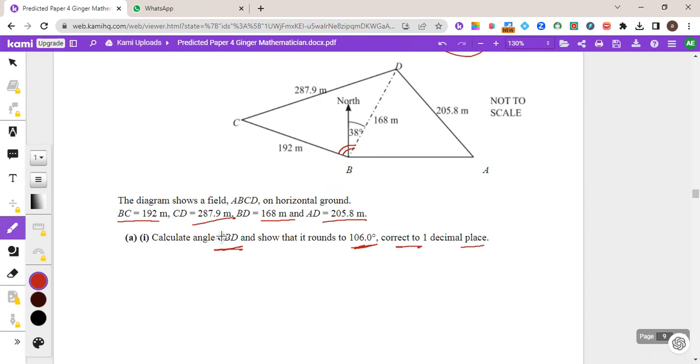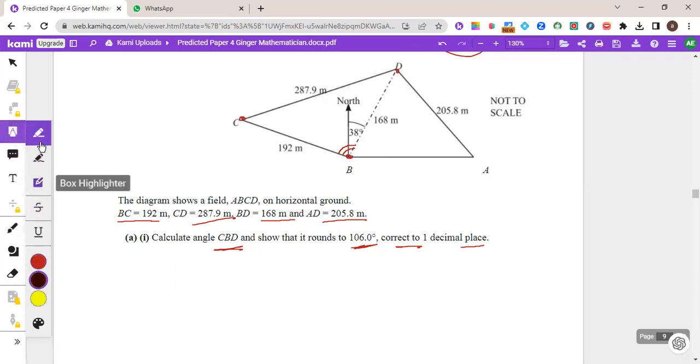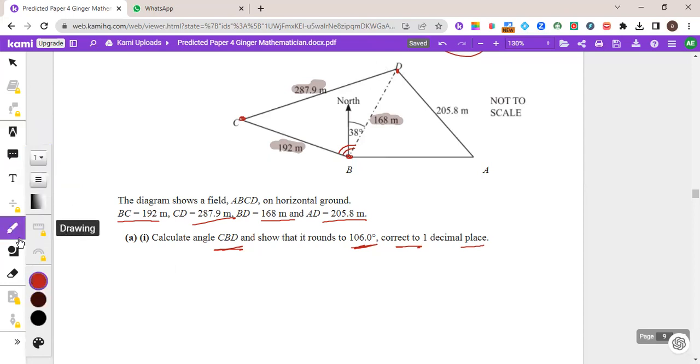So I can use the formula of, which formula do you prefer here? In this triangle, you know 3 sides. You know this side and this and that side. So which formula can you use? Cosine.